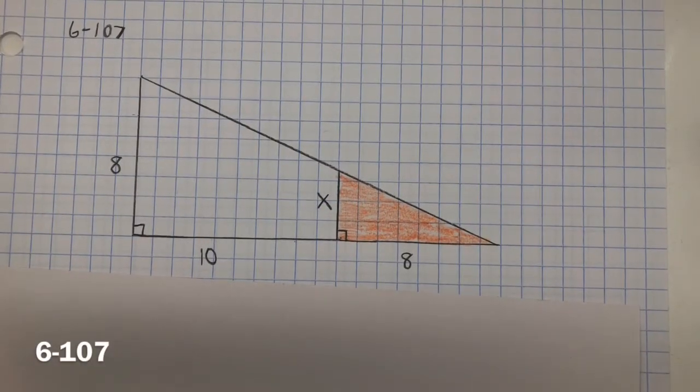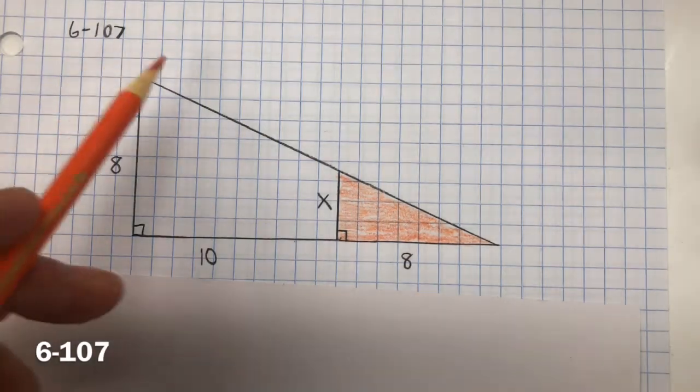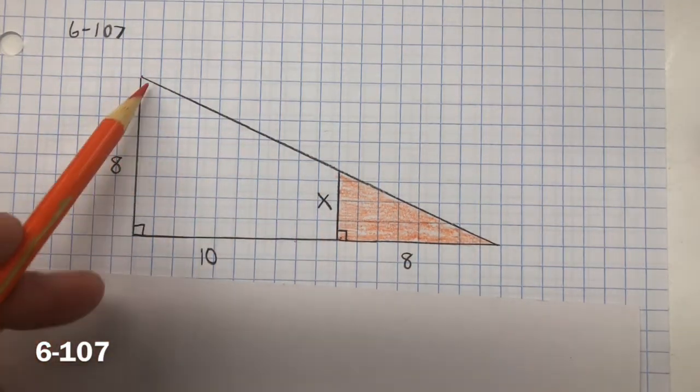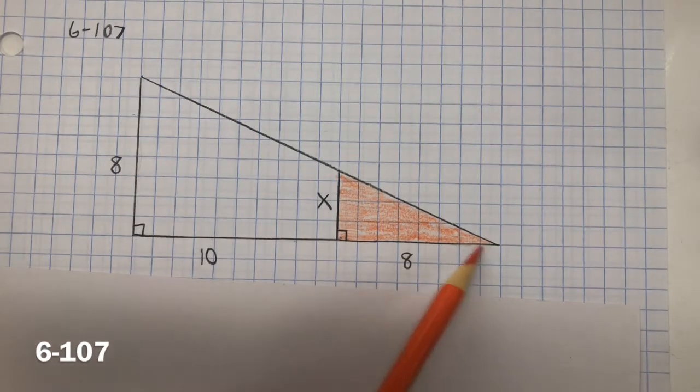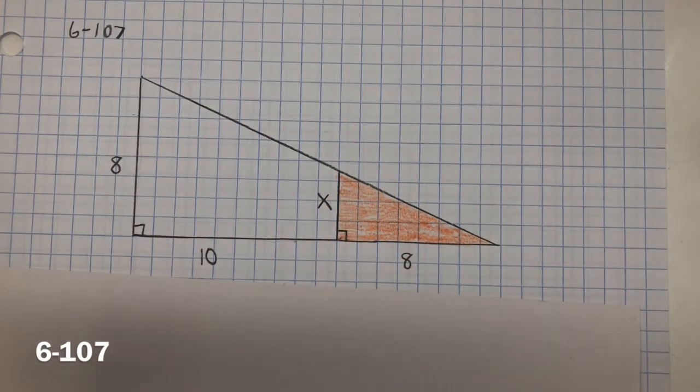In problem 107, you have the smaller triangle that is similar to the larger triangle. And you need to write and solve a proportion to find x. So you have the larger triangle and then the smaller triangle within the larger triangle.